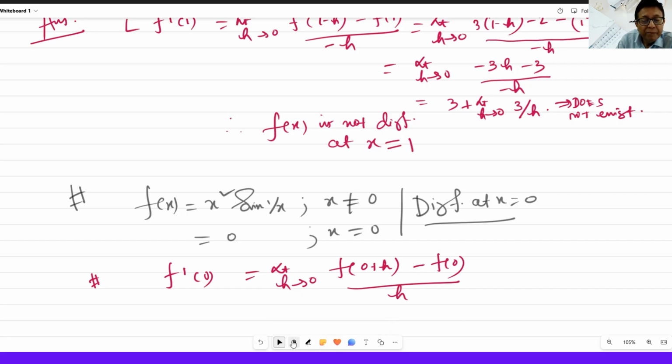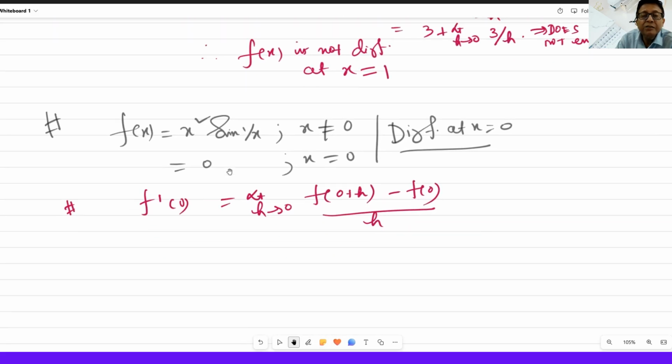Why? Because this function is not given for less than 0 and greater than 0 separately, no modulo function is there so that you can break it and write different functions. That is also not possible. So what to do here? We ordinarily calculate this limit.